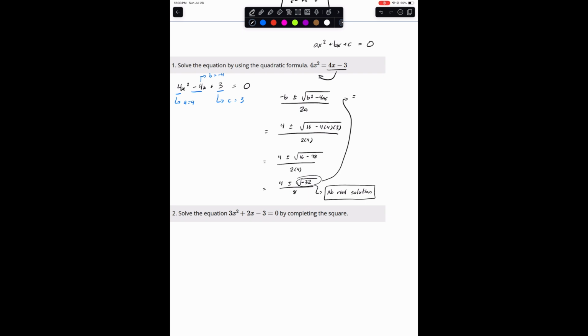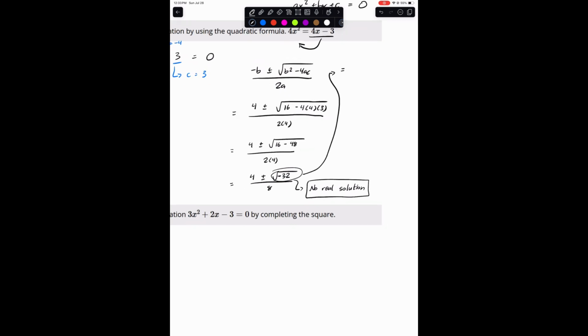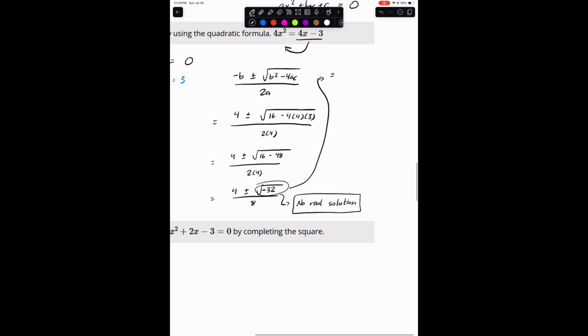But in the Math Learning Center, they want to use complex numbers, so we will continue going. So we have 4 plus minus root 16 times root negative 1 times root 2, all over 8. That is 4 plus minus 4i root 2 over 8.